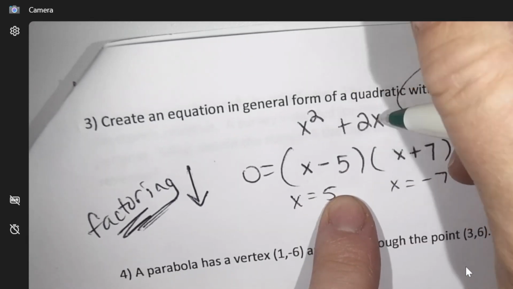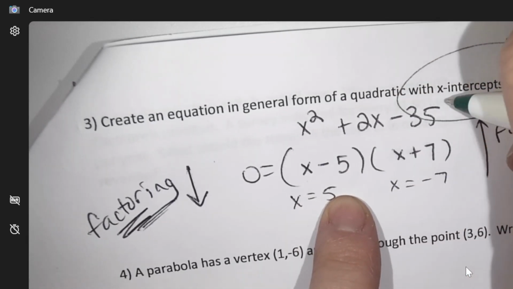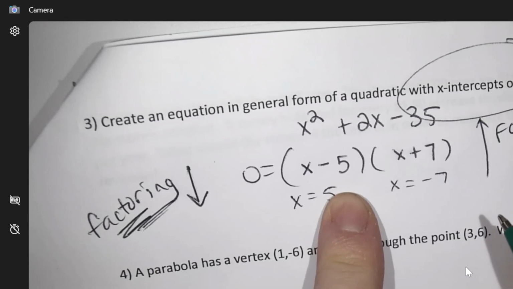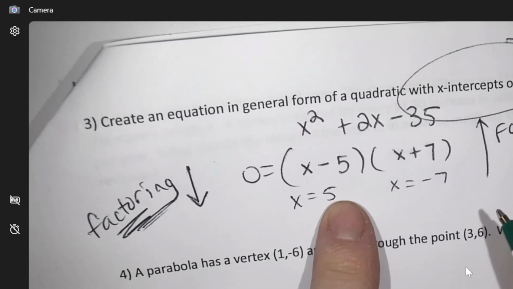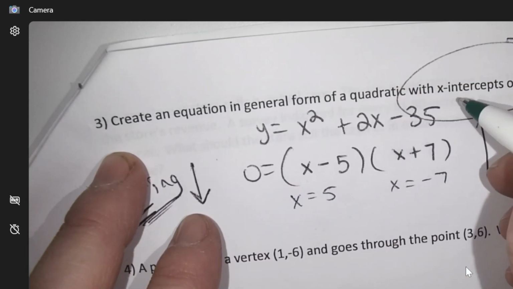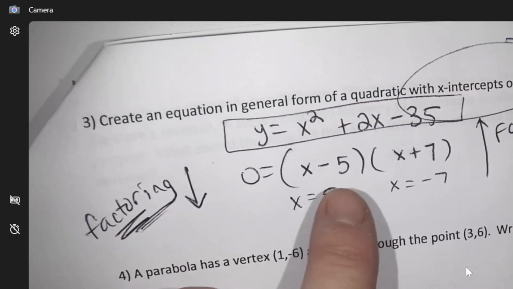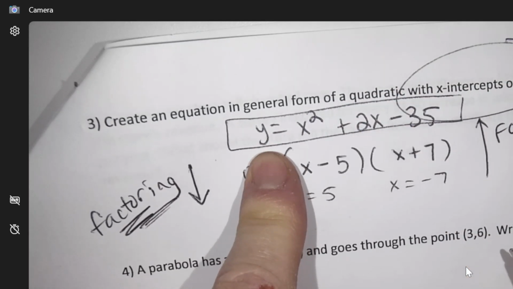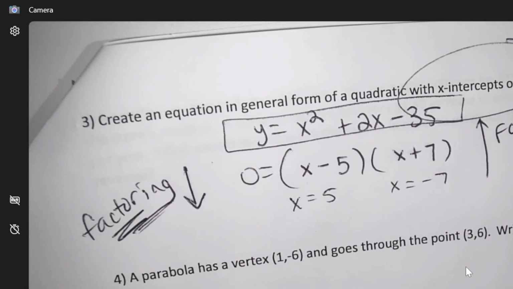And what do they multiply to? And a very common mistake, what's this person forgetting in their answer? y equals. Okay, at this point I don't want 0 equals because I want to put in other things yet. So at the very end you need a y and an x variable.